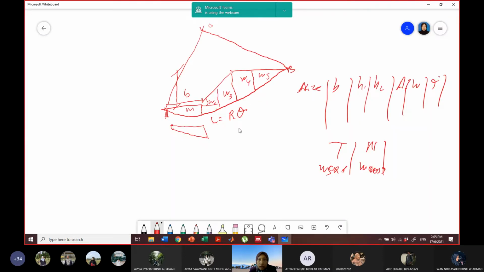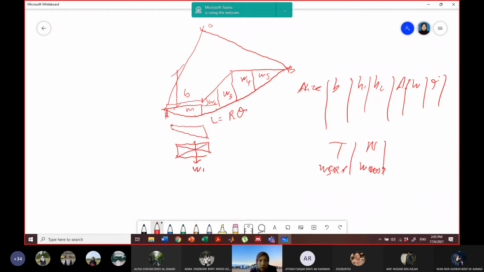For example, we need to have the W for 1. What is the W? W is acting at the middle of the slice. For example, W1, if we consider here a trapezoidal, the centroid of the trapezoidal is acting at the half of the B. So this is the location of the W1.